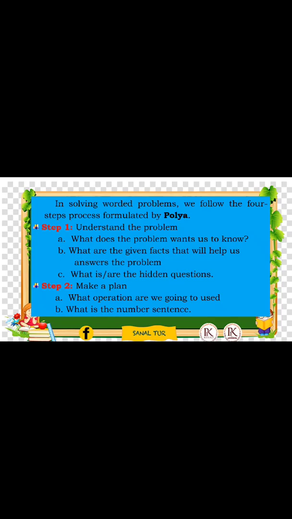That's the time you are going to decide what operation you are going to use. Then letter B, what is the number sentence? Using the given information, using the operation, you now formulate your number sentence. So for example, you are going to add, what are the numbers that you are going to add? That is for step 1 and step 2.